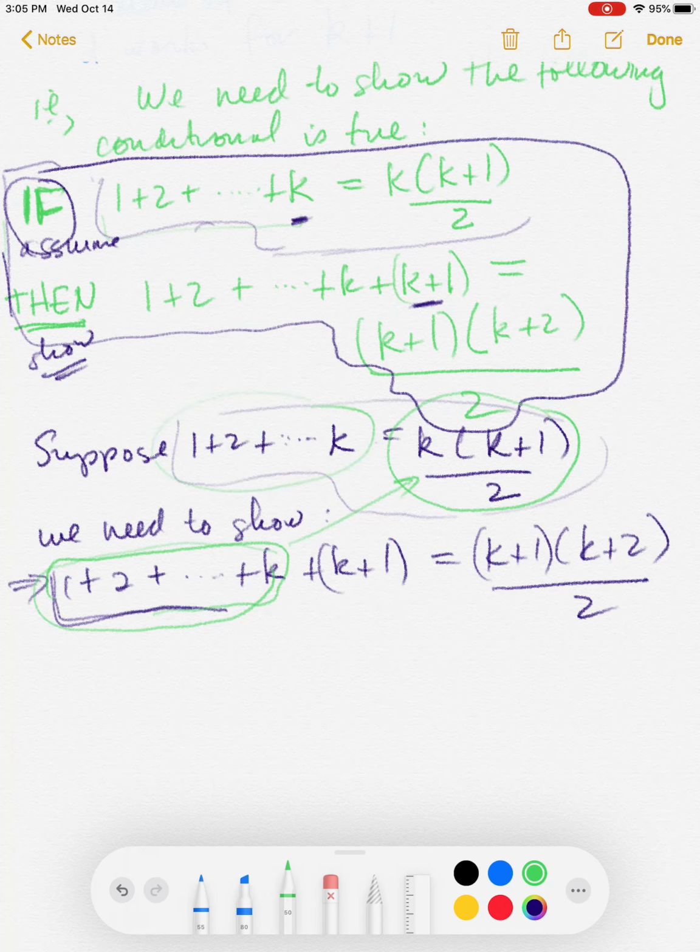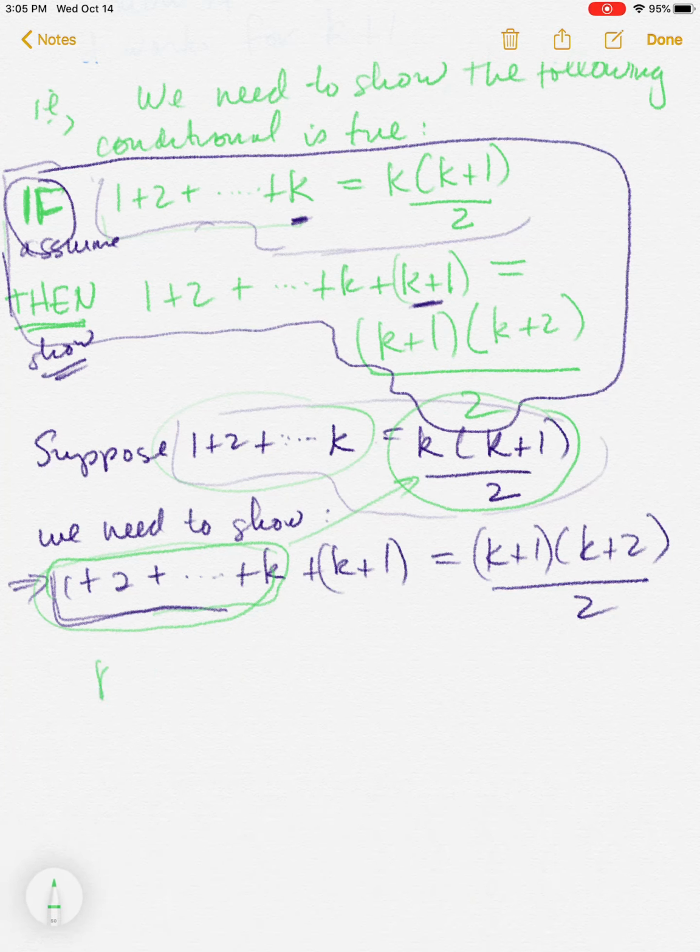So, in other words, we just need to show that k times k plus 1 over 2, since we're assuming that that equals that, I can stick in that for this here.